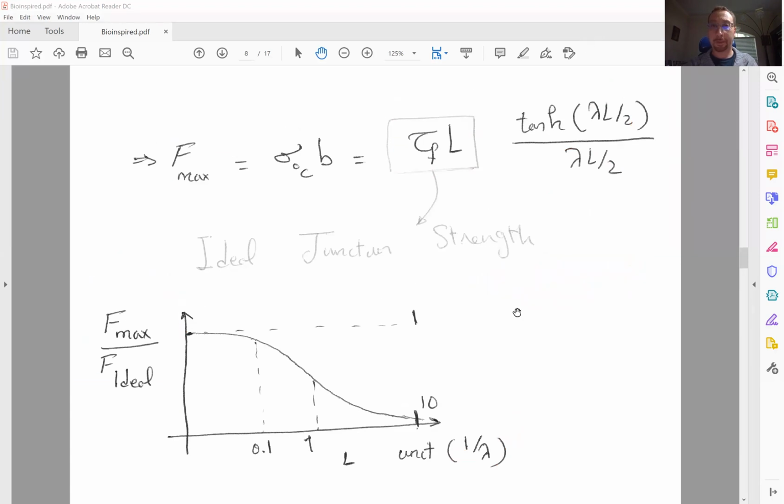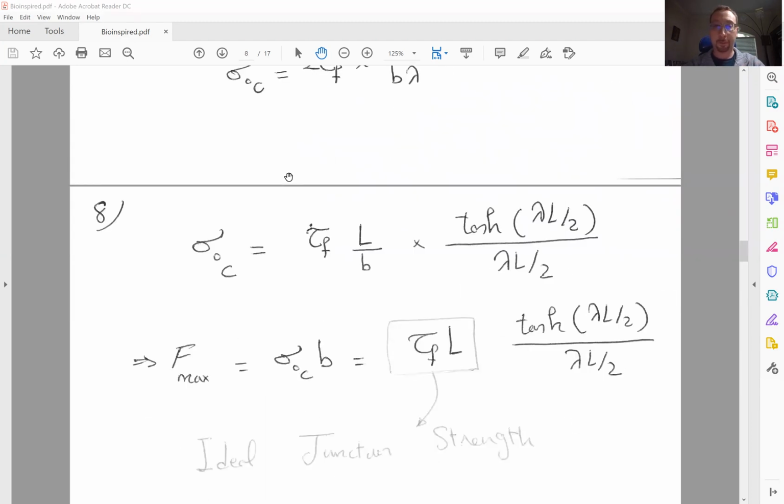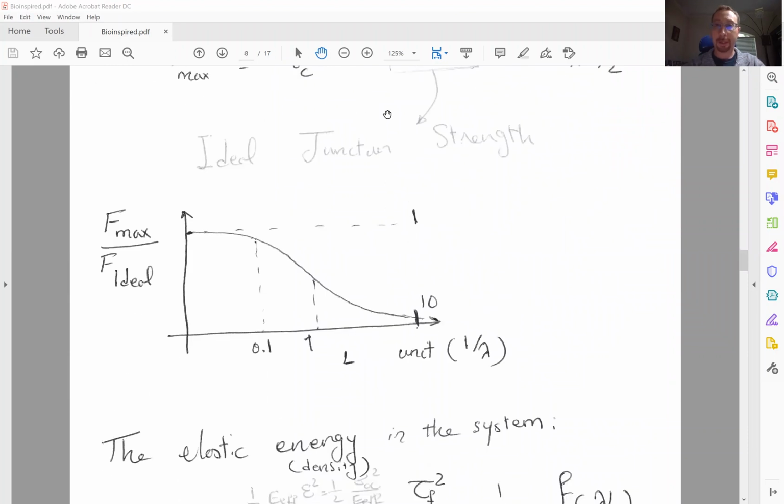Just keep in mind that if L goes to infinity, this term approaches 1, and the critical stress becomes independent of L. So force always goes up with L. To complement this graph and avoid any confusion, I have to say that the value of F max by itself goes up, but asymptotically reaches a finite value.